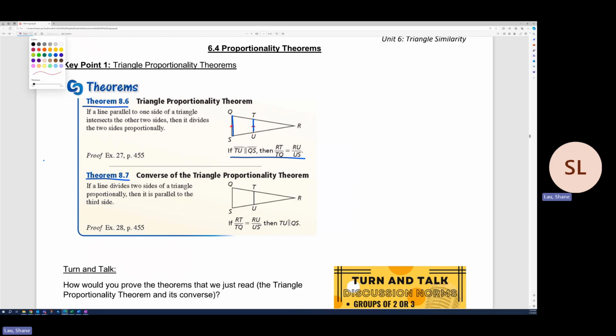Something I want us to really pay attention to is that this first proportion is not like how we've seen it beforehand with other triangles. We take RT, the segment I just marked, and we also have TQ, all in one proportion. You may be asking yourself, why are we doing that?